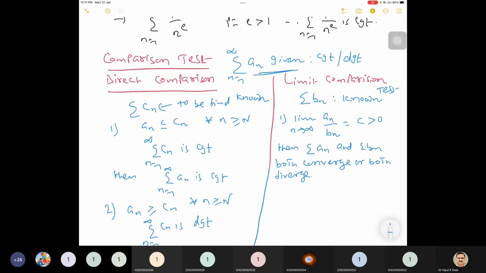What does it mean? If bn is convergent, an is convergent. If bn is divergent, an is divergent. You need to find this kind of limit.